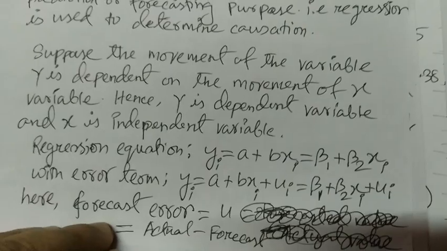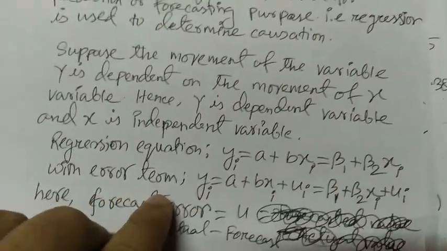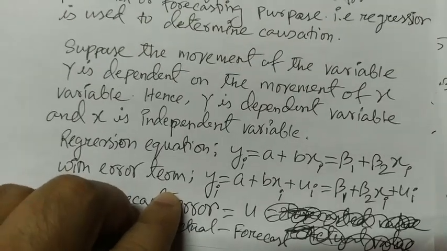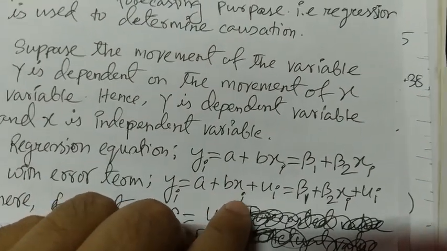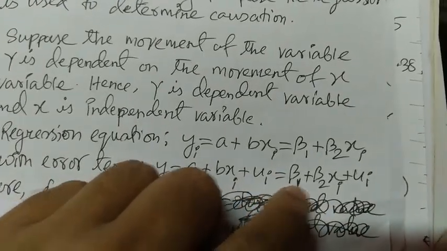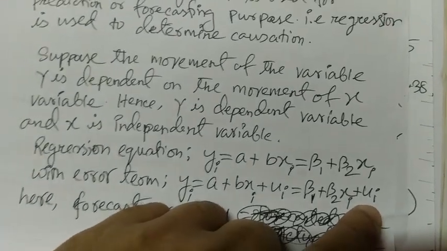Many people write it in different ways, but both are the same. If you include an error term, the equation will become y equals a plus bx plus ui.